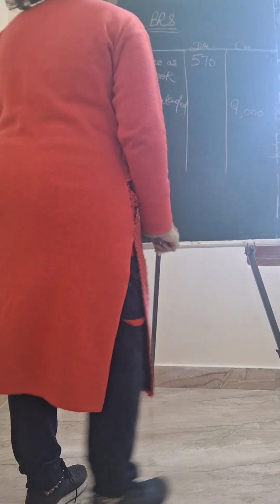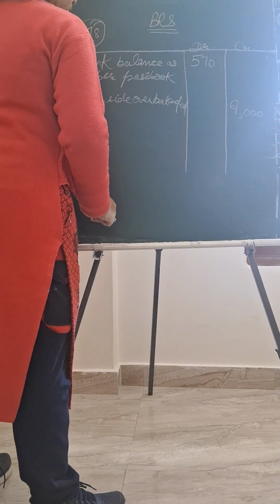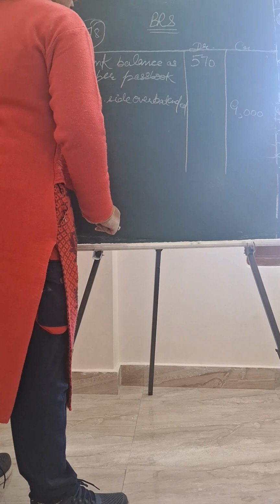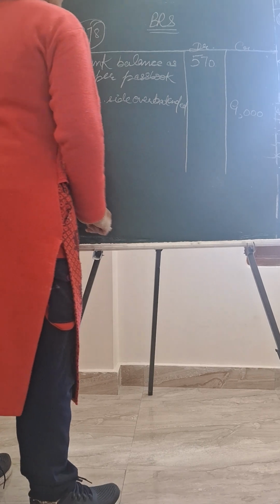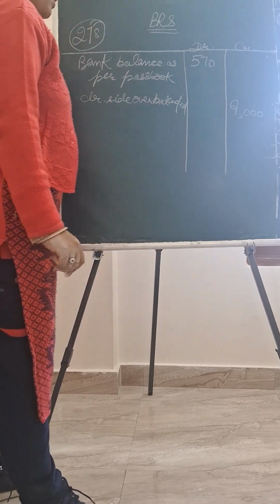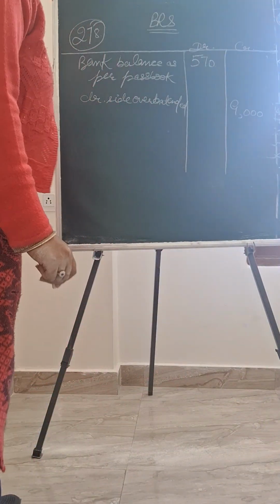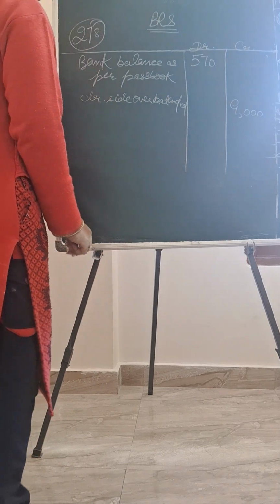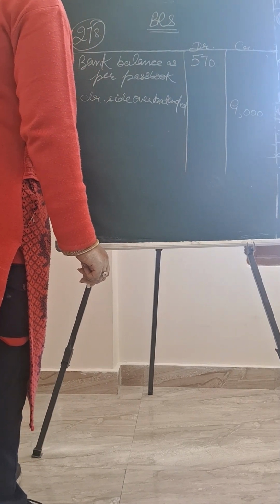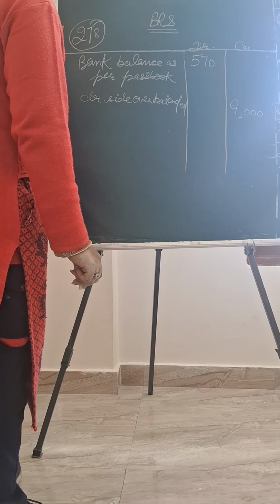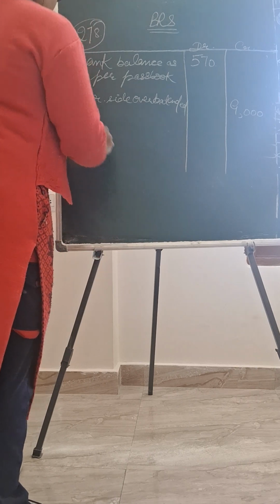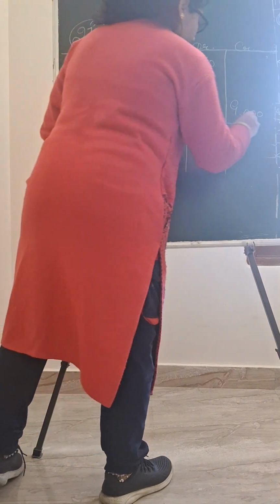9,000 will be here. So which is the balance and what is the amount we are getting? We are getting the overdraft balance as per passbook. When credit is more than debit, then there is overdraft.